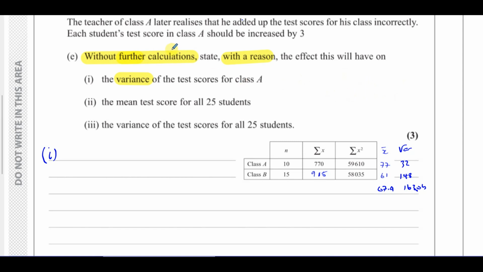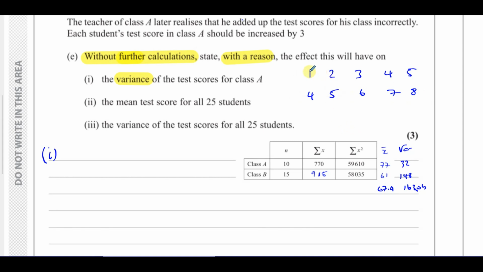So if we are talking about the variance of the test scores just for Class A, and it was Class A whose marks were increased by 3, the variance would be unchanged. So as an example, this is not to show a calculation, but just an example. If I was to take this set of data and increase them all by 3, so this would become 4, this would become 5, this would become 6, 7, and 8. Right? So I've increased each of these entries by 3.